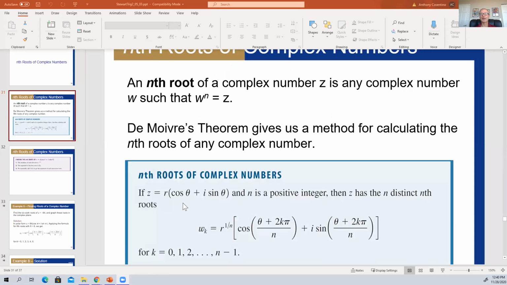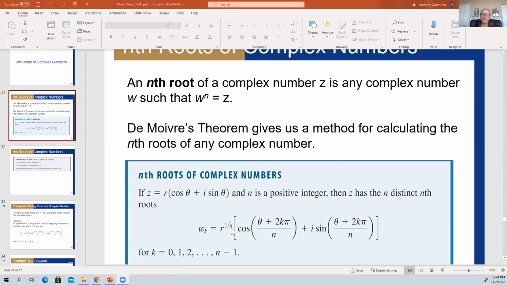And so here's what it looks like. This idea of now finding the roots. I'll refresh your memory in a minute after I explain the formula. So the idea here is that in the complex plane, if you represent it in polar and you take it to the 1 over n power.